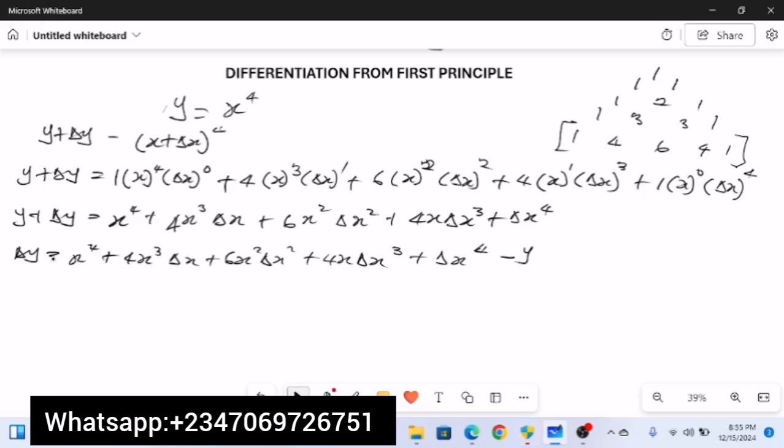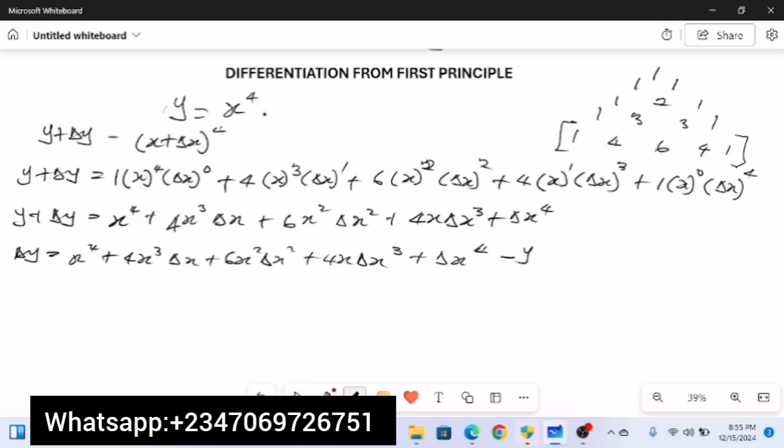Okay, now you recall from the question we said y is equal to what? x to the power of 4. So just to make everything on this side of the equation to be in unison of x, I'm going to be replacing y here by what? x to the power of 4.